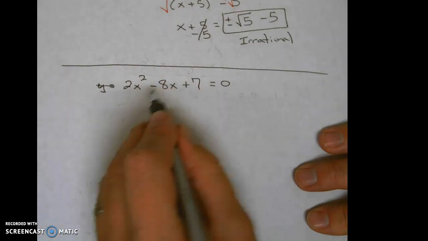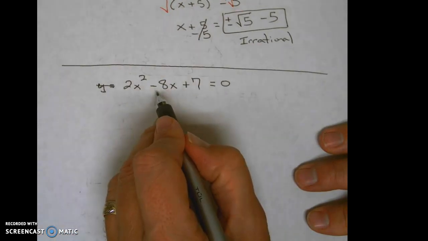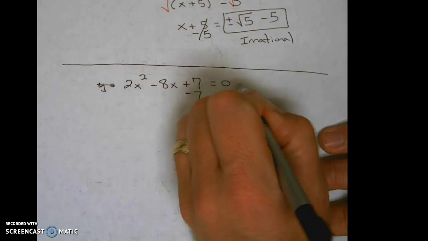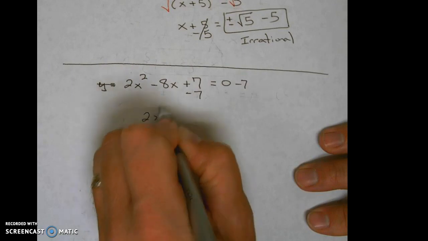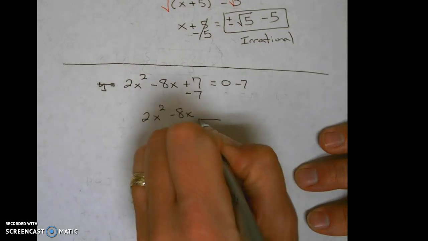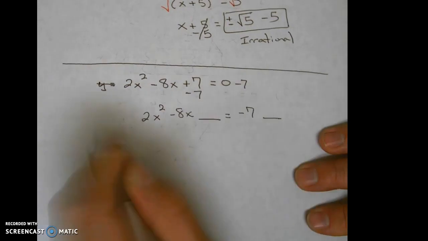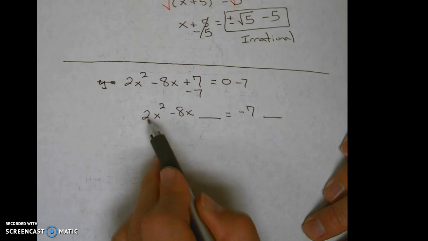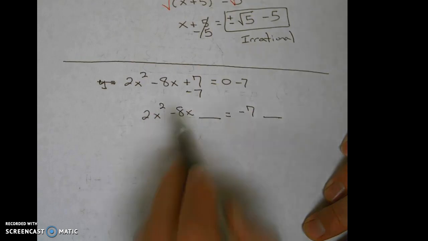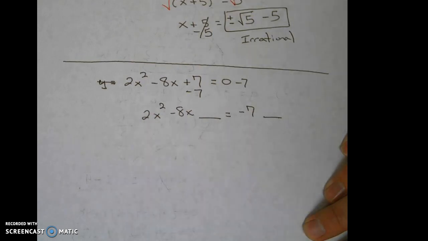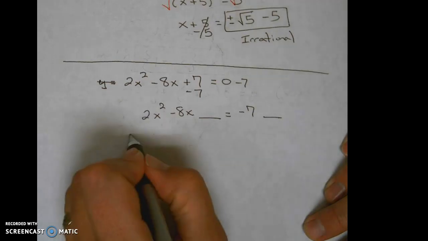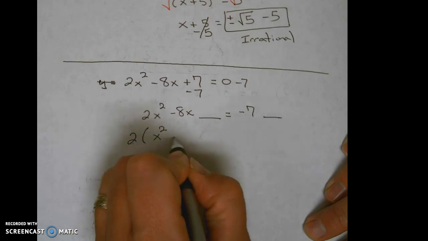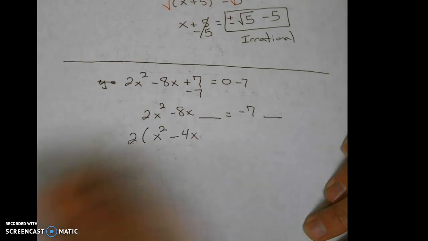Remember, to go from standard to vertex form, we have to complete the square, which means we're going to move the constant to the other side, leave a blank, like that. Then, since our a value is not a 1, we're going to factor this out of both of these. So factoring out the 2, 2 goes into 2 one time, 2 goes into negative 8, negative 4 times.